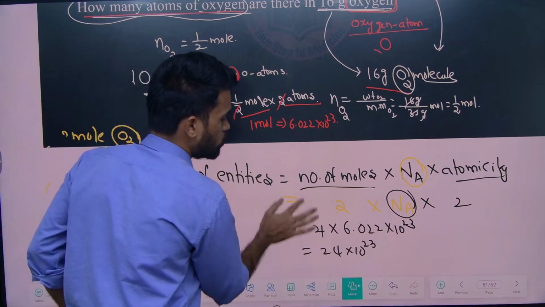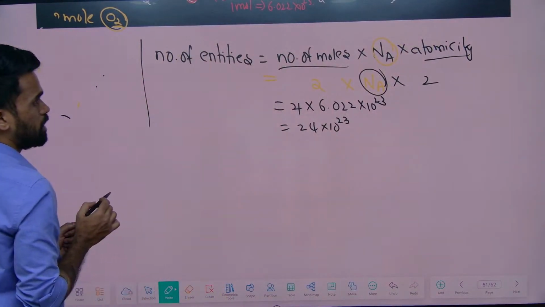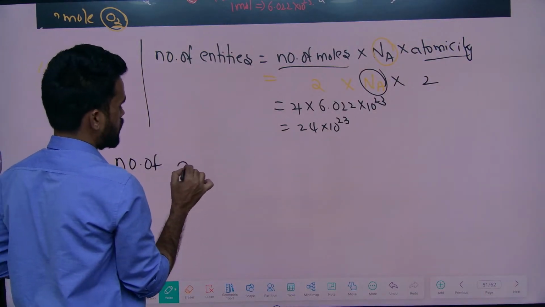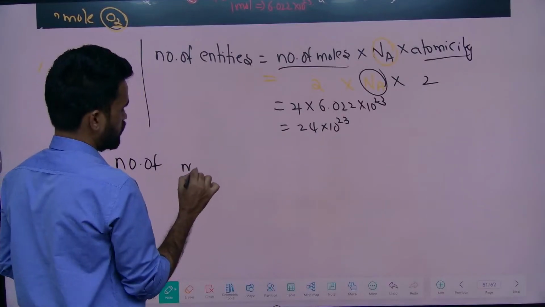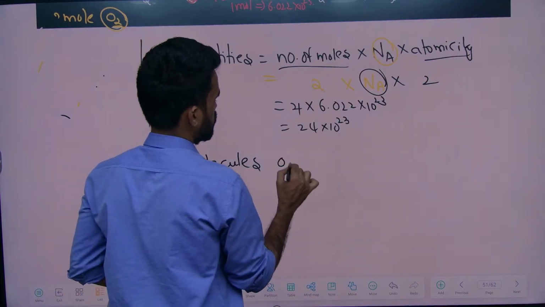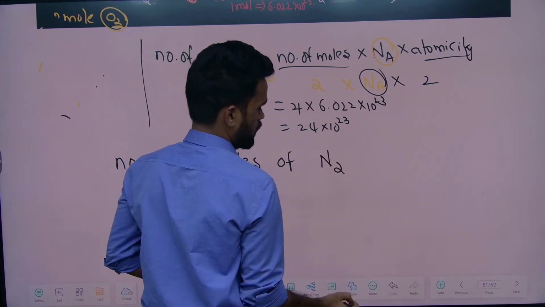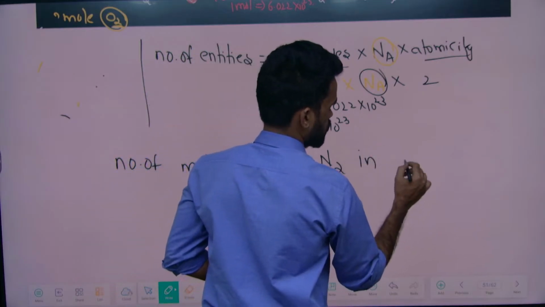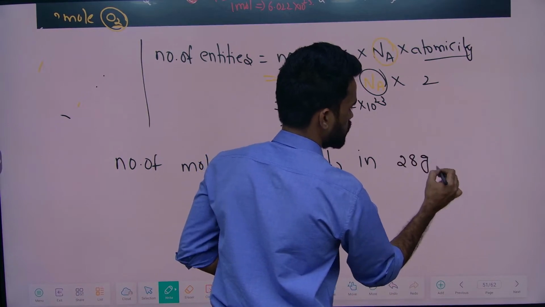Let me give you a few more examples to get clarity. The question will be like this: number of molecules of nitrogen in 28 grams.